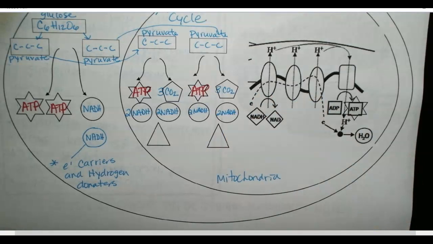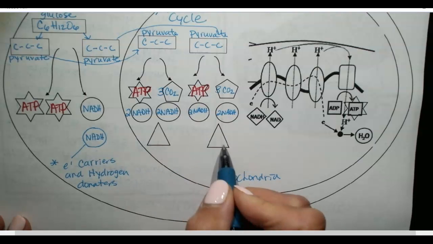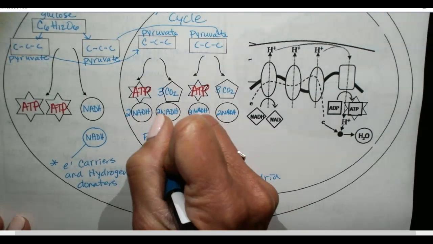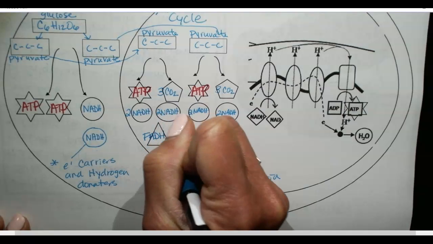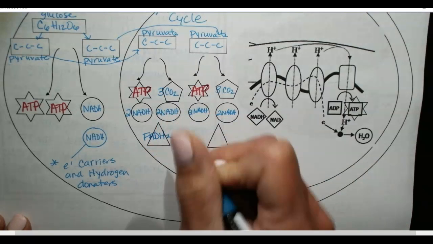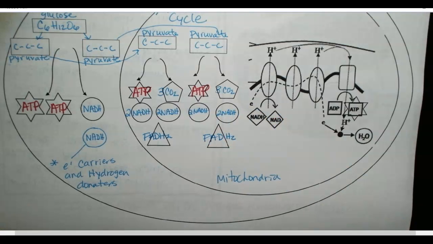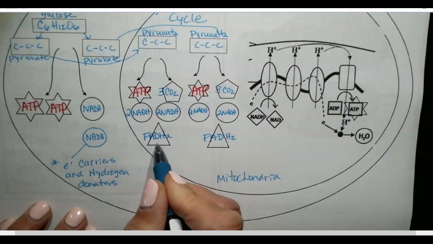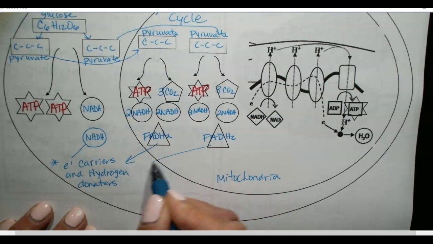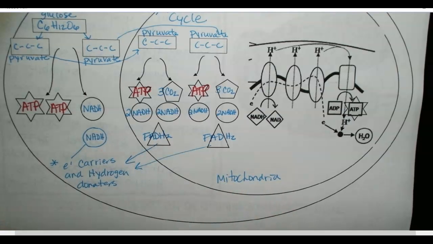I got one more molecule that's going to help NADH out, okay? And that's represented with the triangle. FADH2. These guys have the exact same job that NADH has. They are electron carriers and hydrogen donators. They are going to be utilized in the last step, okay?